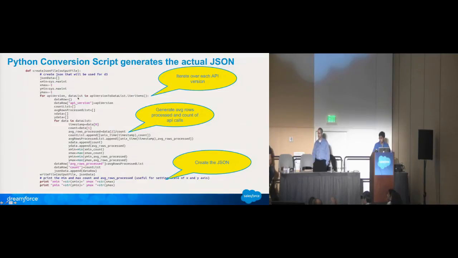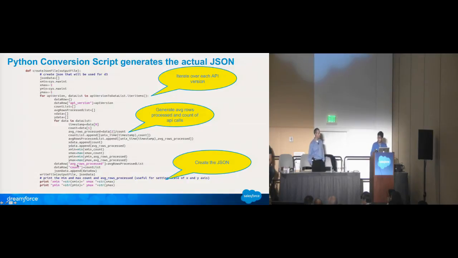Here, I'm looping over all API versions. Then I take the array, and I loop over every element in the array. There are three elements in the array. The first is timestamp. The second is the count of API events. The third is the total number of rows processed, and we need to convert that to average. So we take the total and divide by count to get the average. Once I have these three values, that's what I need in the JSON data structure, and I create the JSON data structure and write it to a file.